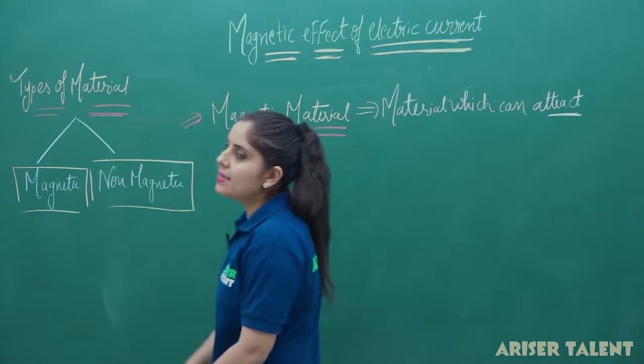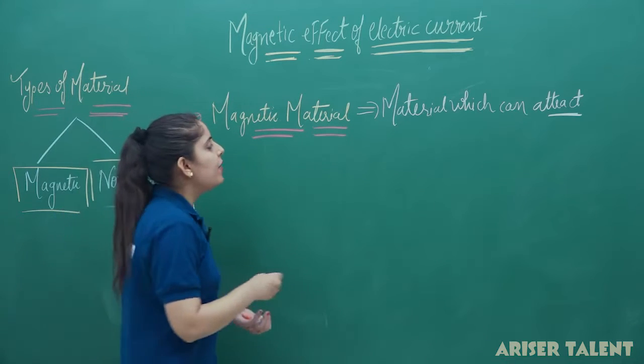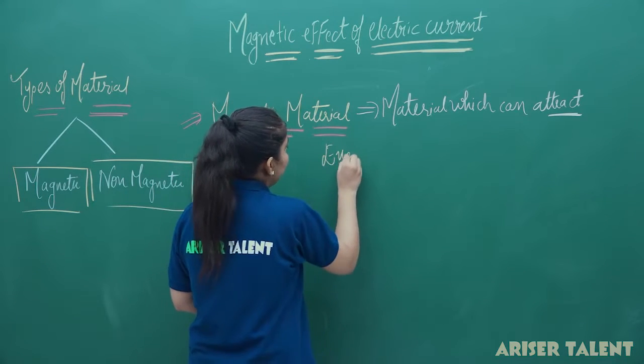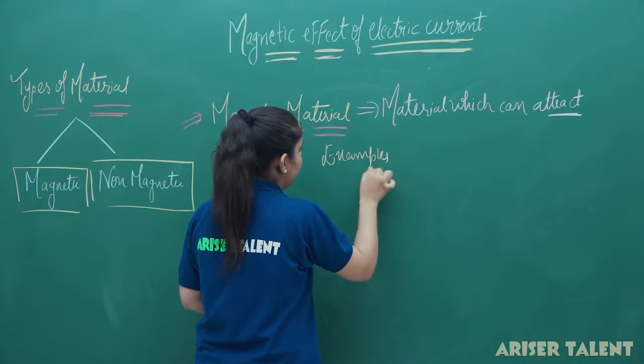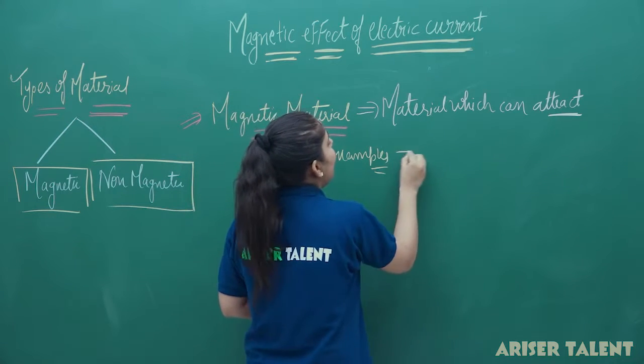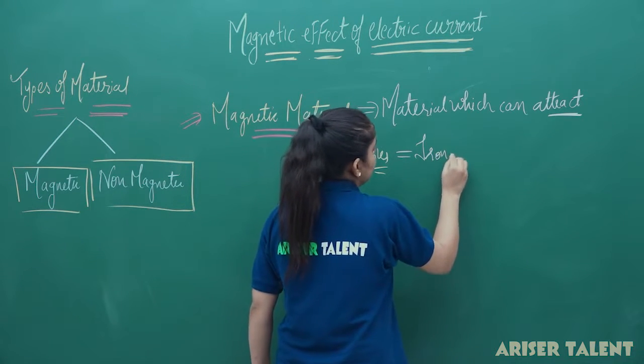We can call them magnetic material, and we have a few examples here, and the examples in this case are iron, cobalt and nickel.